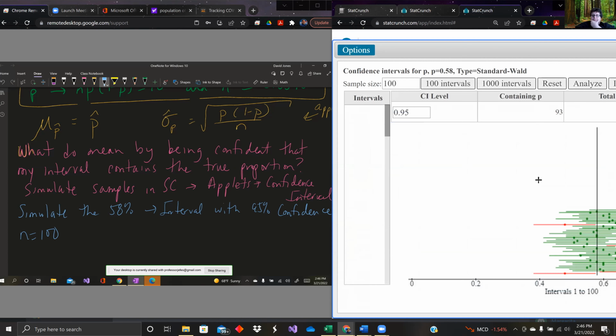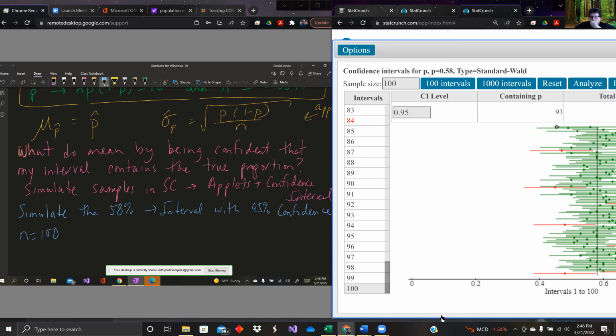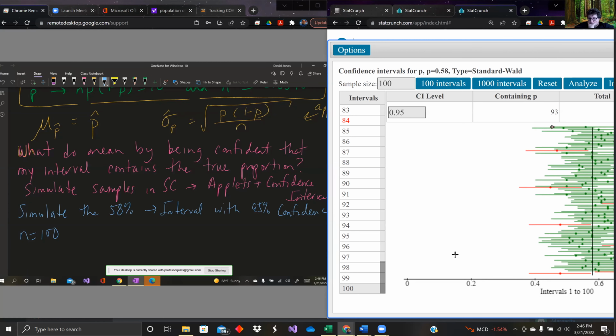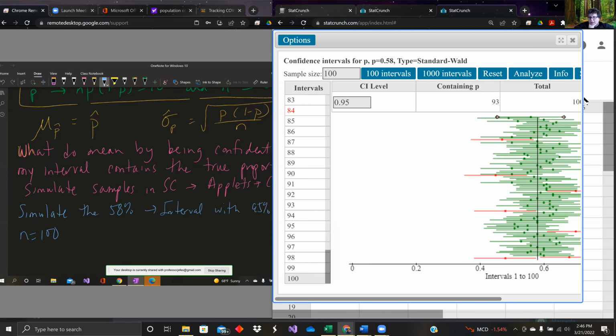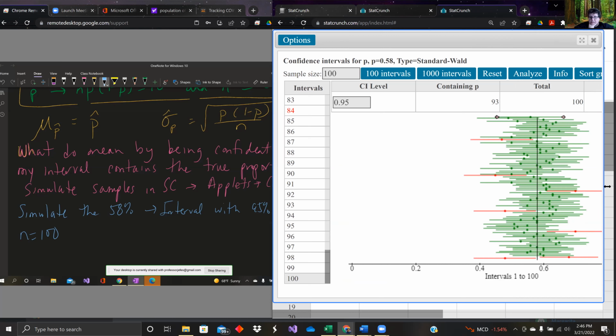Quick compute. I might have to make this bigger. No, I can't, so we'll have to use it like this for now.